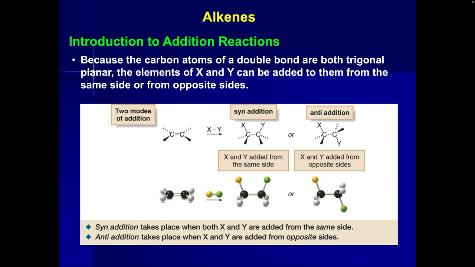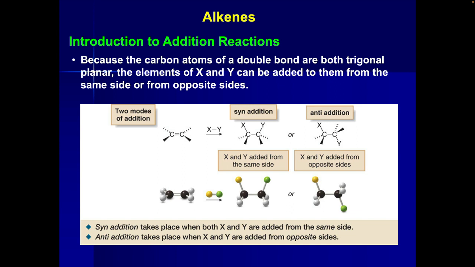Okay? So if I say the anti-addition of something across a double bond, what comes into your mind is that that double bond is going to have those two groups added on opposite sides. If I say the syn addition of something, you need to know that it's coming in on the same side, making the bonds on the same side. Okay?